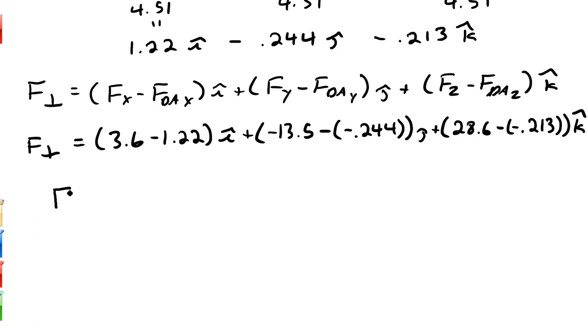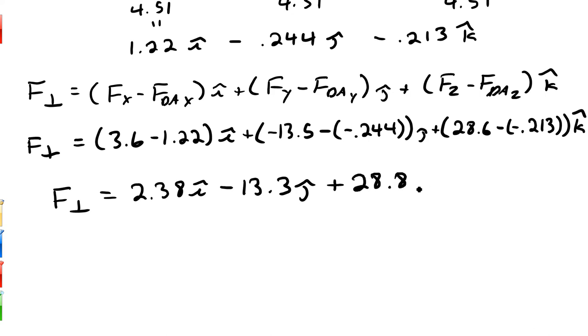We get that our force perpendicular is going to equal 2.38 in the I minus 13.3 in the J and a positive 28.8 in the K, and this is all newtons. So there's the dot product, hopefully explained a little bit better.